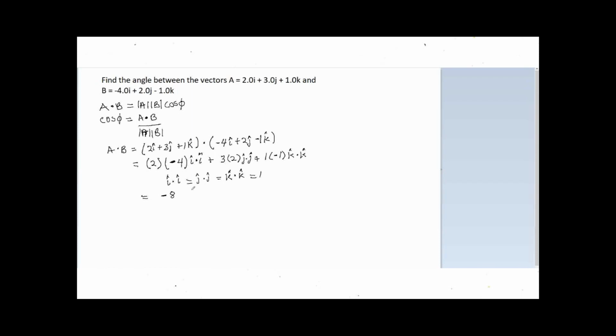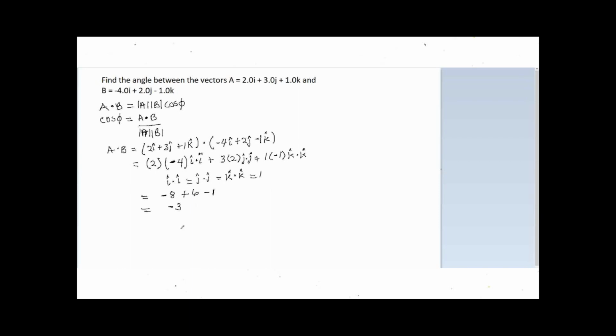Then we have 3 times 2, so plus 6. j dot j is 1, so that is taken care of. Then we have 1 times -1, that gives us -1. So -8 plus 6 gives us -2, minus 1, so this will be -3. The dot product between A and B gives us -3.